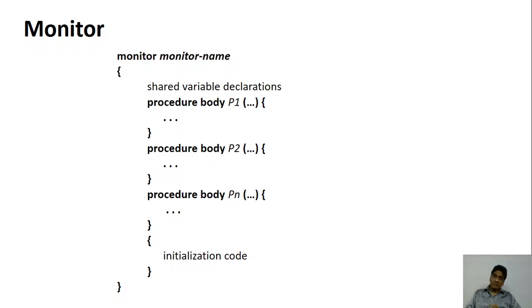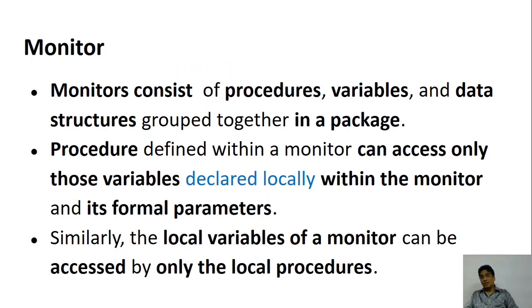If you look at this particular thing, it looks like a class declaration itself, but it is a declaration for a monitor. A monitor will consist of procedures and variables and maybe other data structures, everything put together as a single unit. How you have a class that encompasses the variables as well as the procedures as a single unit, you are also creating the same thing.